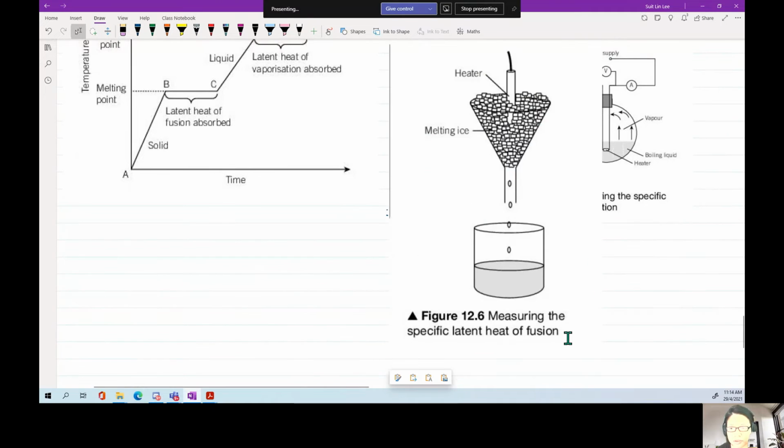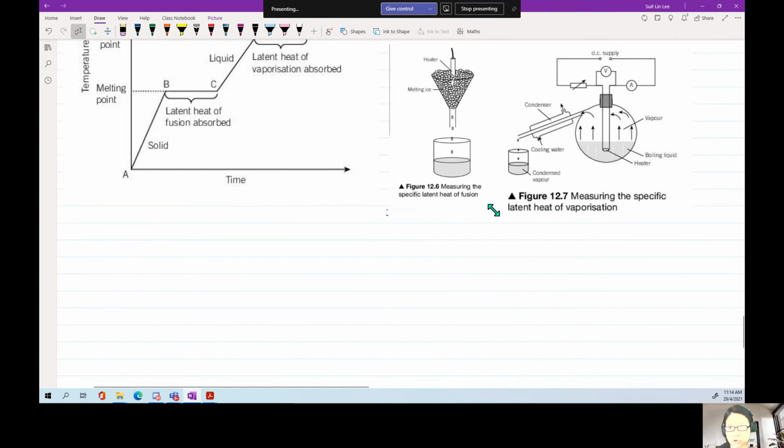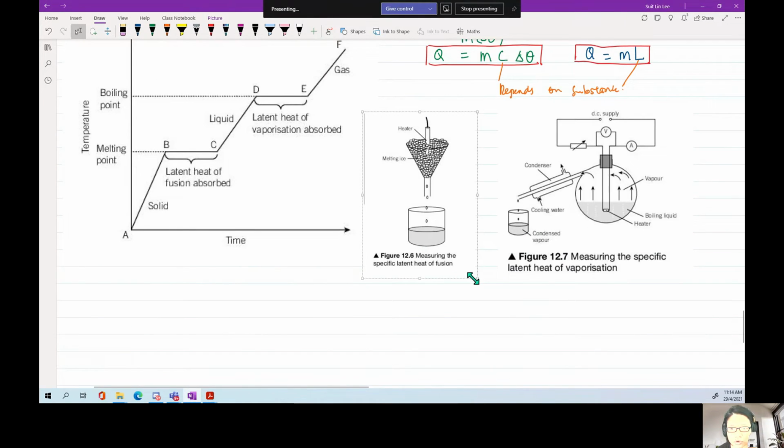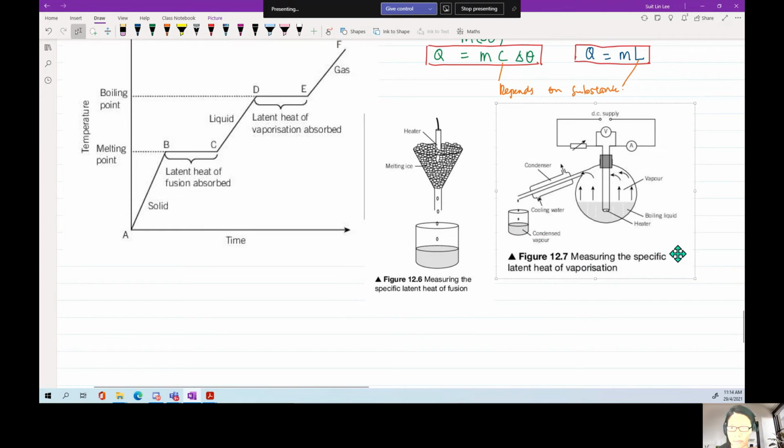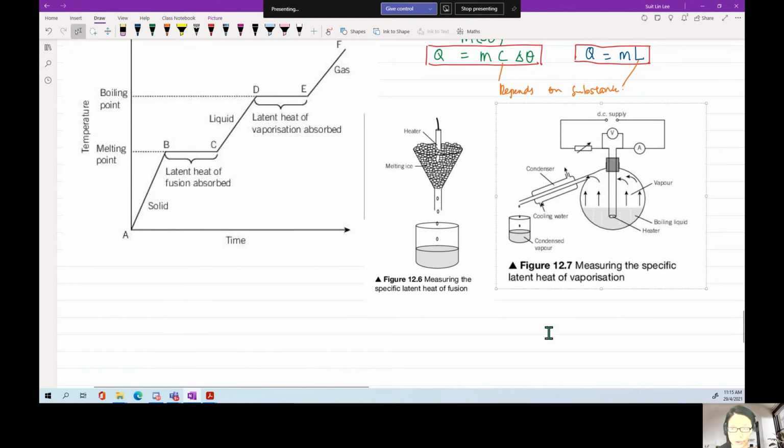So they're all connected to a circuit. If they ask you to draw the circuit, you should be able to draw, but you need to think about what kind of circuit you are drawing. Notice that number 1, the heating element, the heater is here. This thing will dissipate heat and boil the water. The heater is immersed inside here, so the heat will go out towards the ice and the ice will melt. How much heat is being transferred?